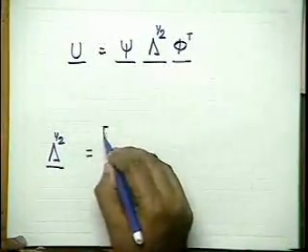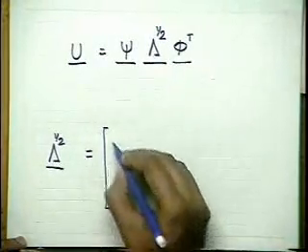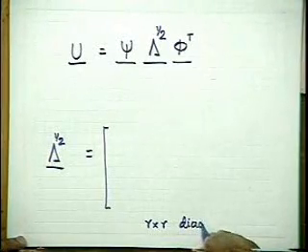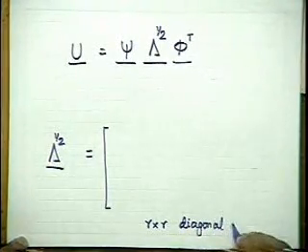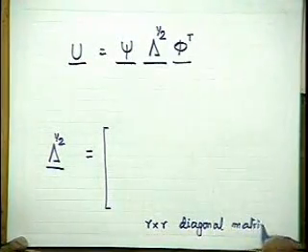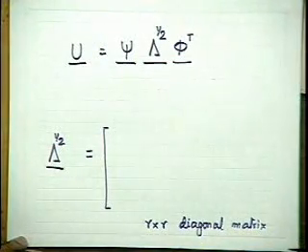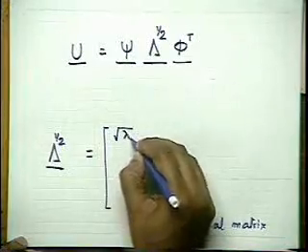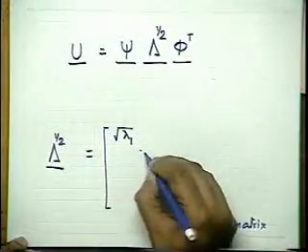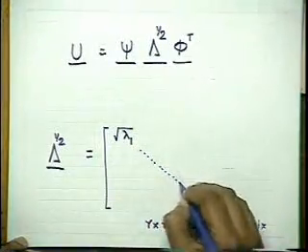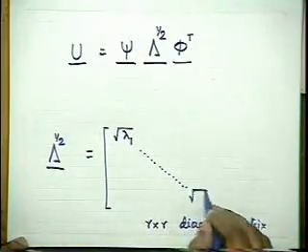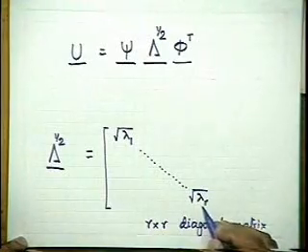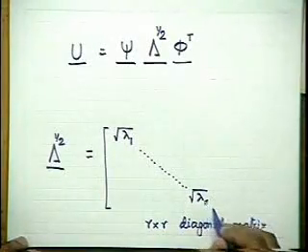This stands for an r by r diagonal matrix, whose elements are given as follows: square root of lambda 1, square root of lambda 2 as the next diagonal element, and the last diagonal element is square root of lambda r.